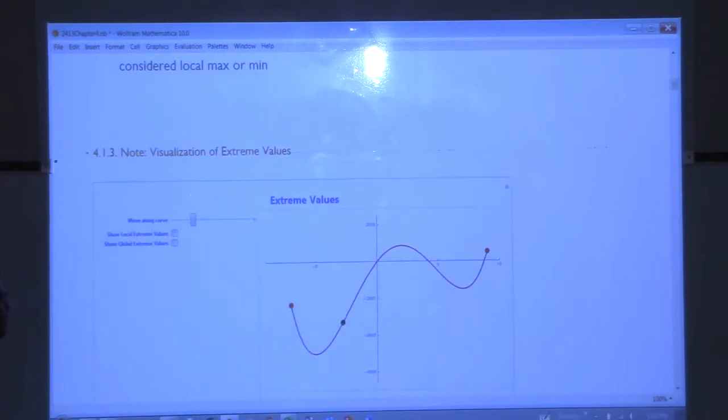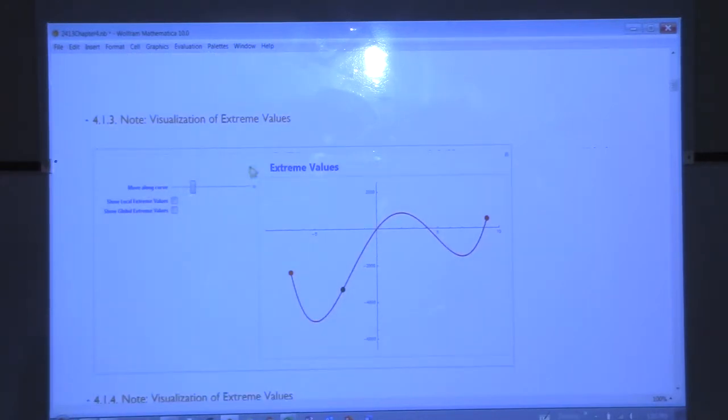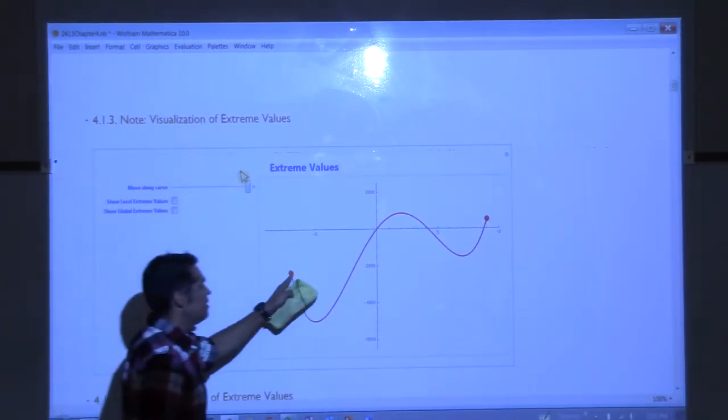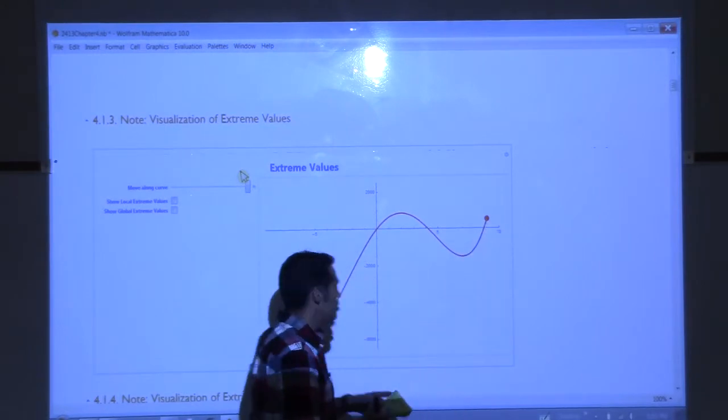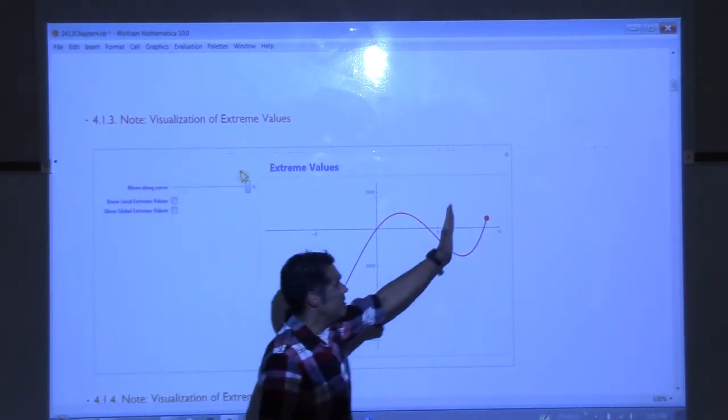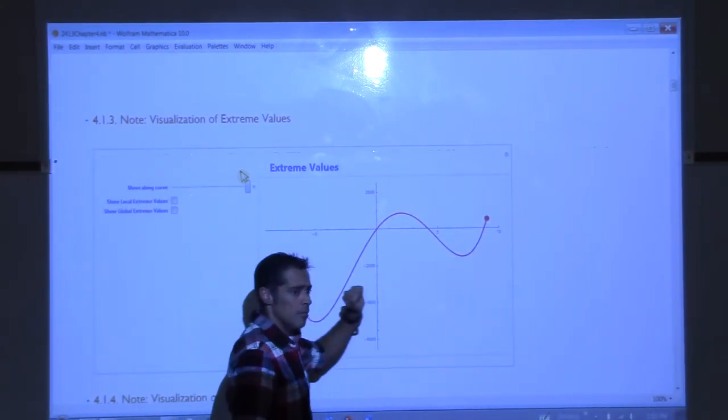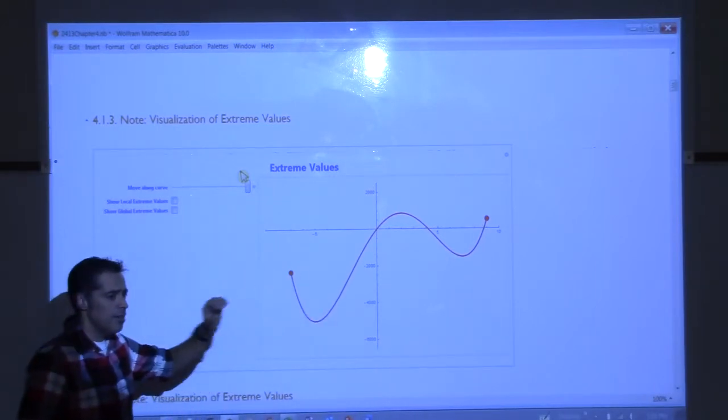So here's our first example. We have a function, and if we start here at the left side and move along this function, we go up and then down and then back up. Because I have dots here at the end, the function starts here and stops here, so this function is defined on a closed interval.